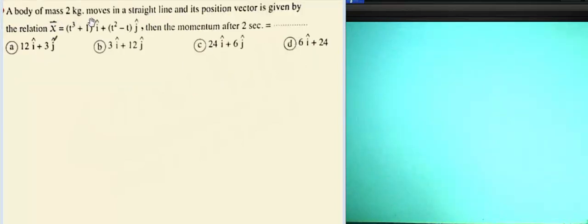Look at this question. A body of mass 2 kg moves in a straight line and its position vector is given by the relation x vector equals (t cubed plus 1) in direction i plus (t squared minus t) in direction j. Then the momentum after 2 seconds equals what?